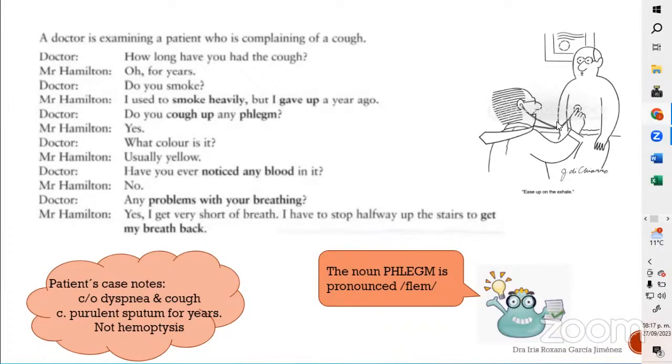I mean, if the patient can breathe normally or maybe has any situation that could infer a pathological situation indeed, okay? The patient says, I have to stop halfway up the stairs to get my breath back. He walks and stops, takes a little rest, then can breathe again, and then starts walking again.